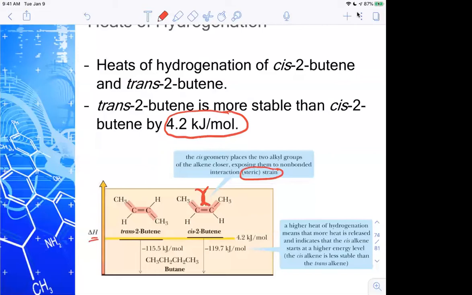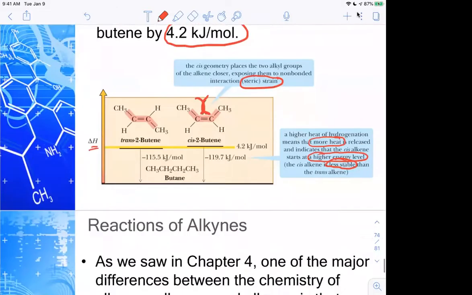But notice it's not that huge. 4.2 kilojoules per mole is significant in the world of chemistry, but what happens here is the higher heat of hydrogenation means that more heat is released, and indicates that alkene starts at a higher energy level, which means overall it's going to be less stable. If I'm lower on my energy diagram, then I'm a more stable compound. So I can tell stability of alkenes by using these heats of hydrogenation.